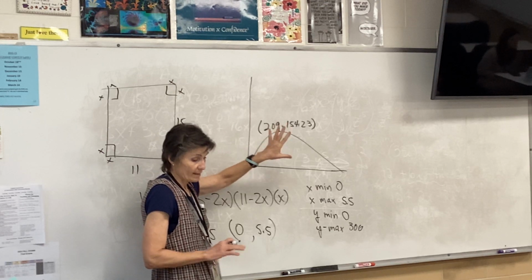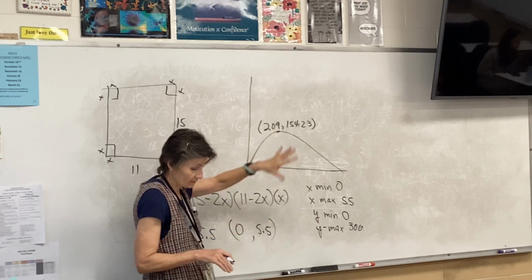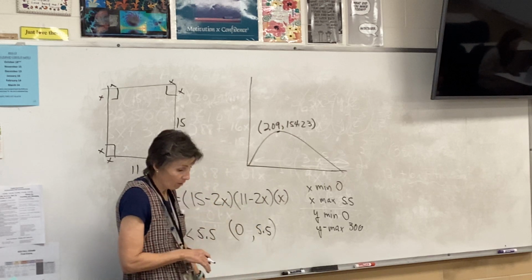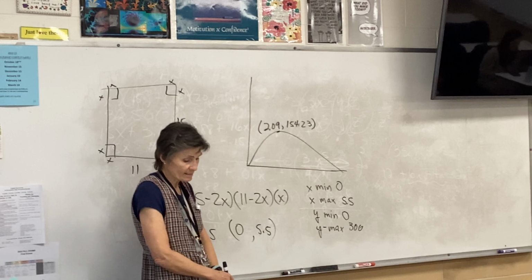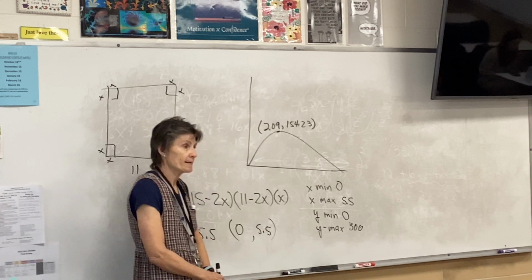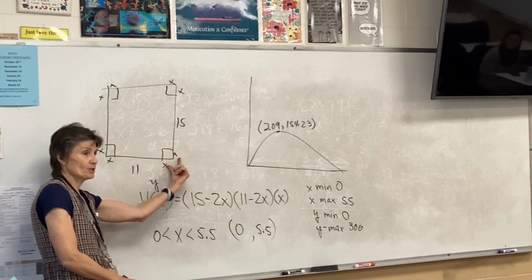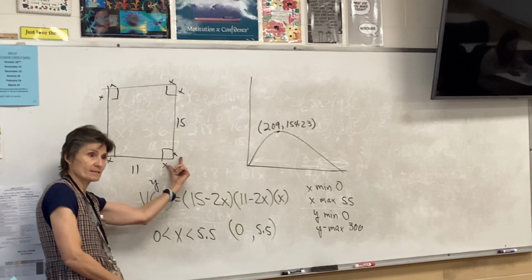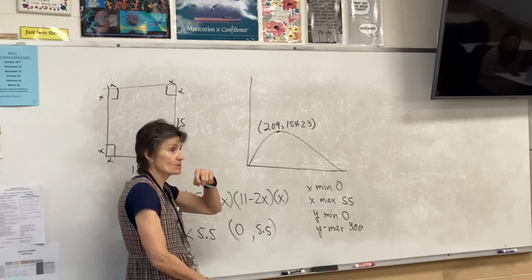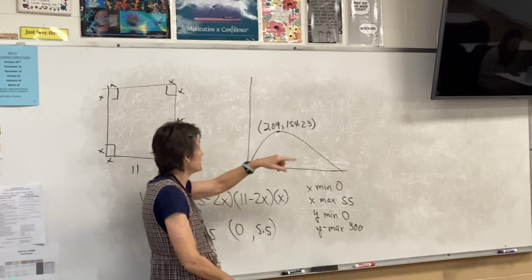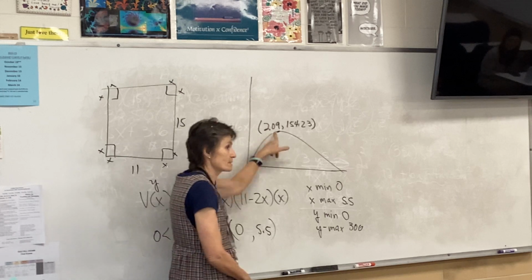Okay, so that's C. I've graphed, I've labeled, filled in my maxes and mins. Now, what D says, what size notch should I cut out to maximize the volume? Now remember, the notches are the X's. So what are you gonna say for answer D? The answer to D is going to be 2.09 inches.